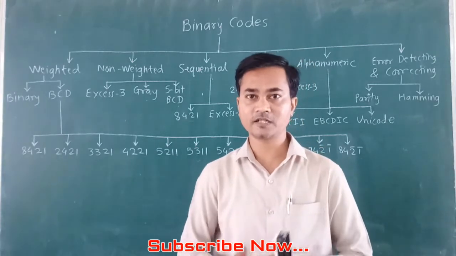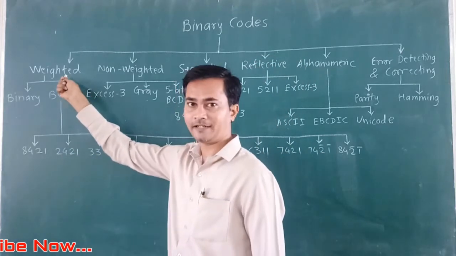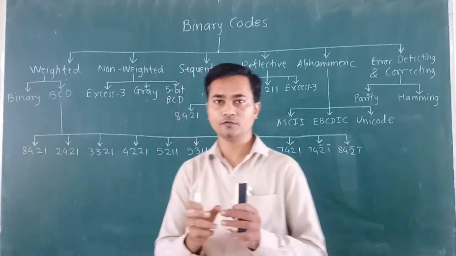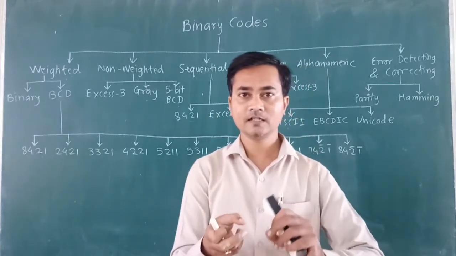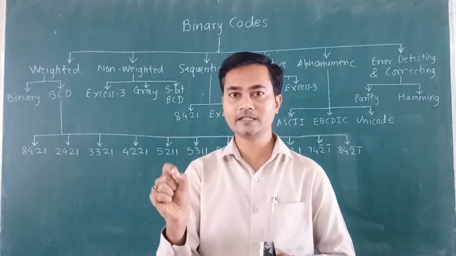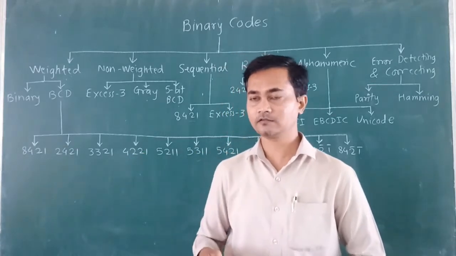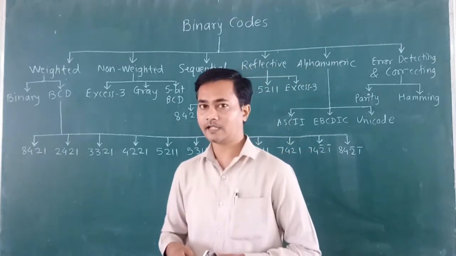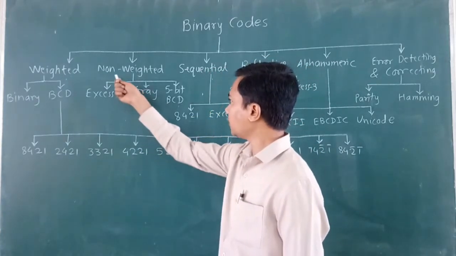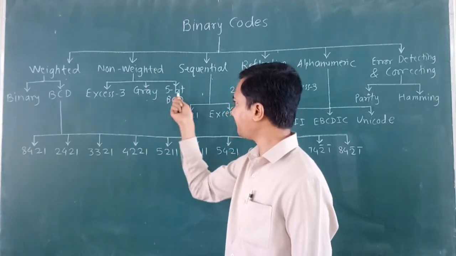As information, we now know what weighted means. Weighted means the value of the number is decided by the binary digits, and each binary digit has its own weight. That is called a weighted binary code. Non-weighted has three types: XS3, gray and 5-bit BCD.